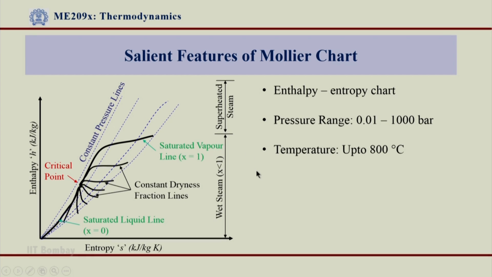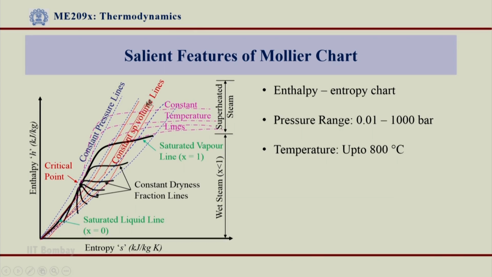In addition to that, we also have the temperature lines up to 800 degrees centigrade. You can see there are various constant temperature lines which run like this. They have not been shown over here, but the temperature lines will go through the wet region also, and therefore we have pressure, temperature, and dryness fraction. In addition, we can read enthalpy and entropy from this.